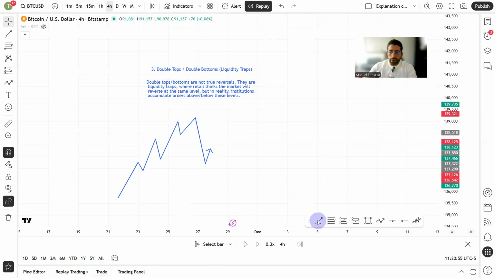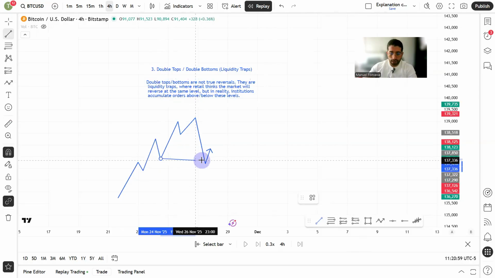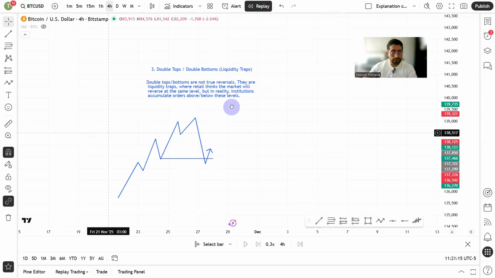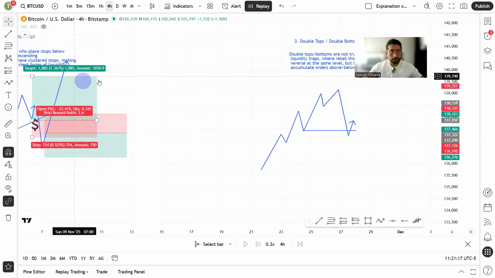Now, this also has to do with resistance and support levels. And people would say, okay, so this low will become a support level, right? Or bottom. So the price enters this area, and again, you execute a bullish order, right?